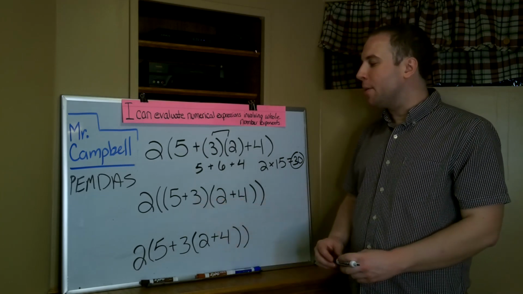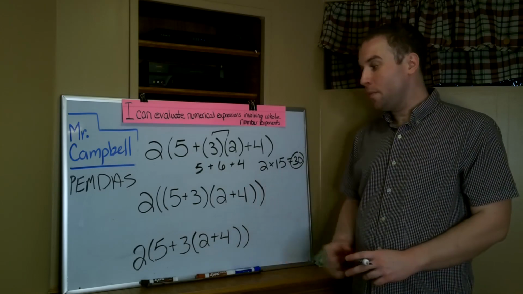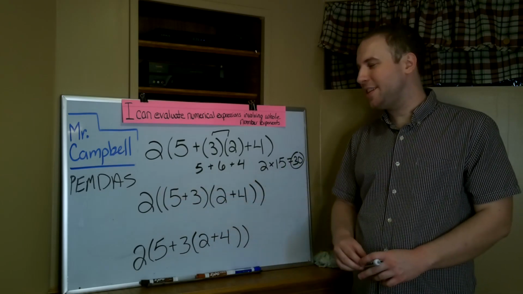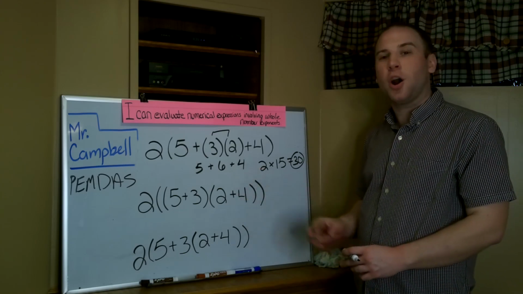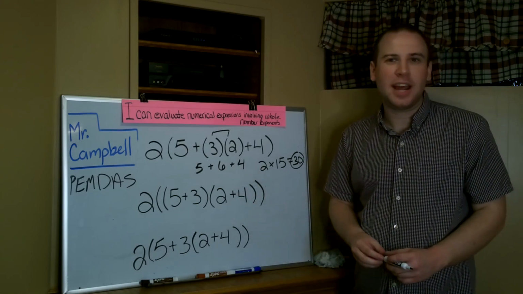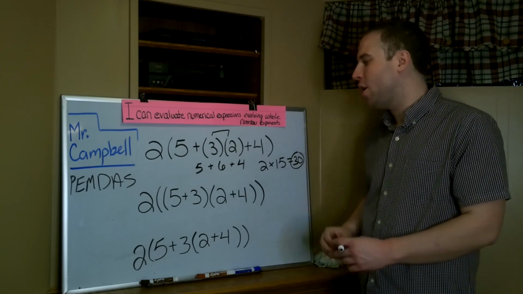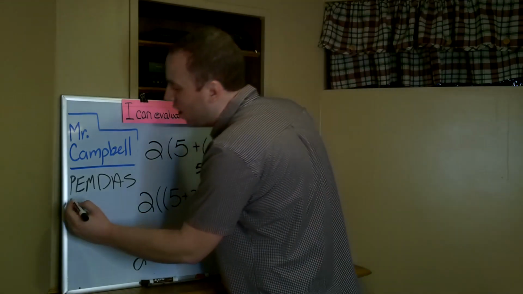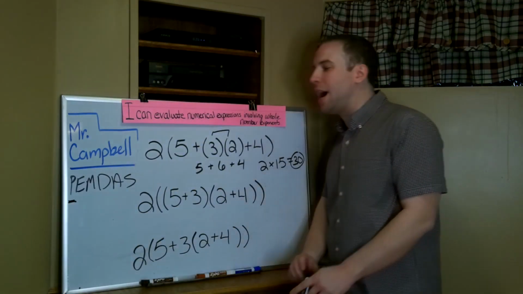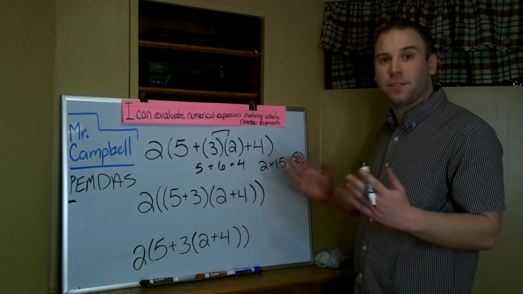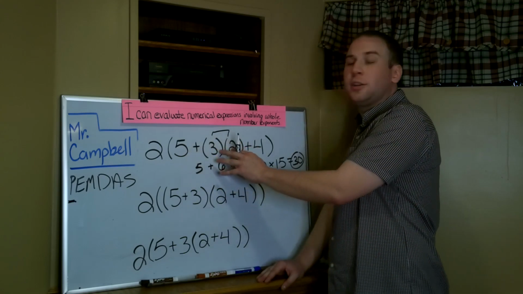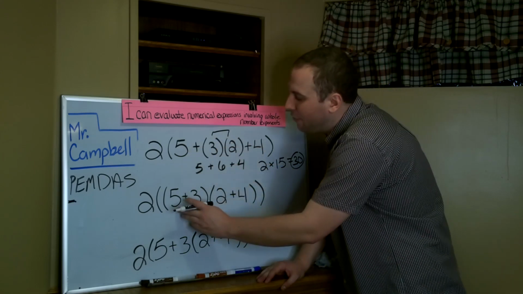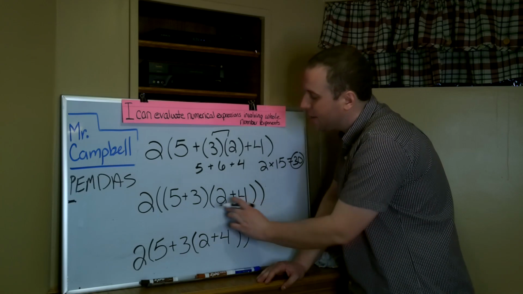In the next problem, we have 2 parentheses, 5 plus 3, parentheses, 2 plus 4, parentheses, close parentheses. Now we have double parentheses. So like before with PEMDAS, we have to do our parentheses first. Now, in here, unlike up here where I multiplied 3 times 2, I have to do the parentheses on the inside.